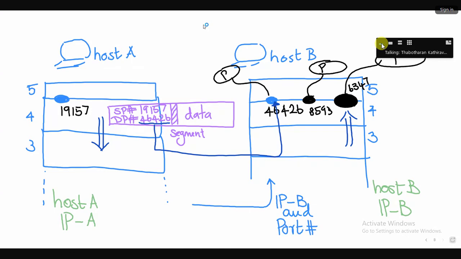These two pieces of information would be used to bring the data correctly to the destination.